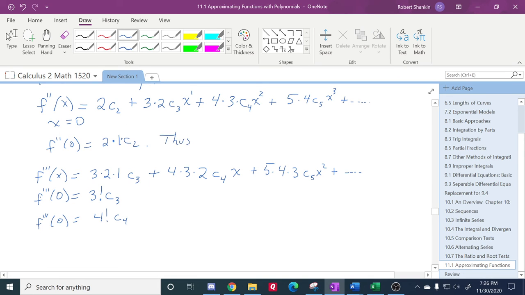Thus, divide both sides by 2 factorial. C2 is f prime prime of 0 divided by 2 factorial. C3 is f triple prime at 0 divided by 3 factorial. C4 is the fourth derivative at 0 divided by 4 factorial.